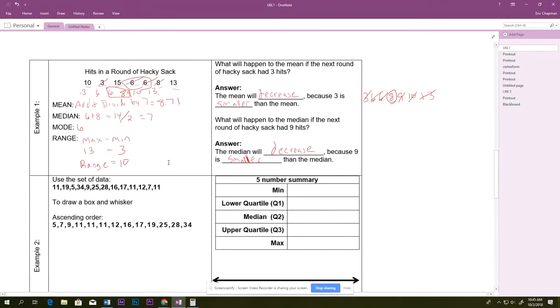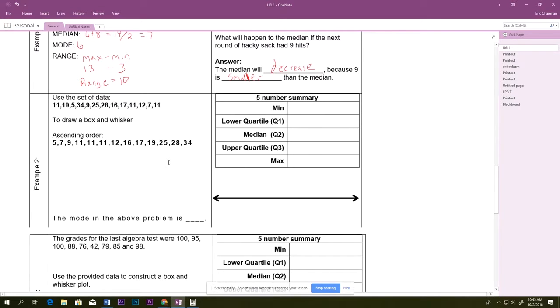Now let's take a look at example 2. We are going to draw a box and a whisker. So we have our data set. They were nice enough and they put it in order for us already. So let's start filling out our 5-number summary. Let's go to our min. It is 5. Let's go to our max. It is 34. All right, now let's start finding the number in the middle.